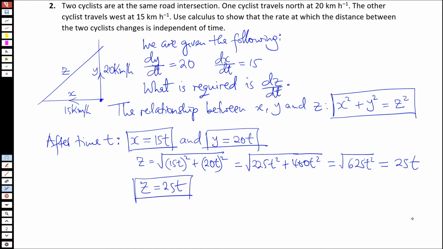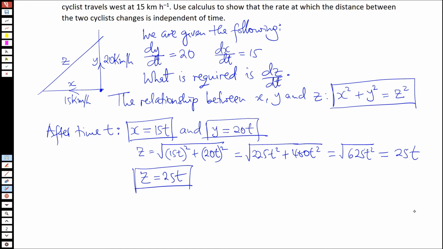All right, so the next step is we want the rate of change. Because we have this relationship between x, y, and z, the plan is to differentiate this equation implicitly so that we can find dz over dt.